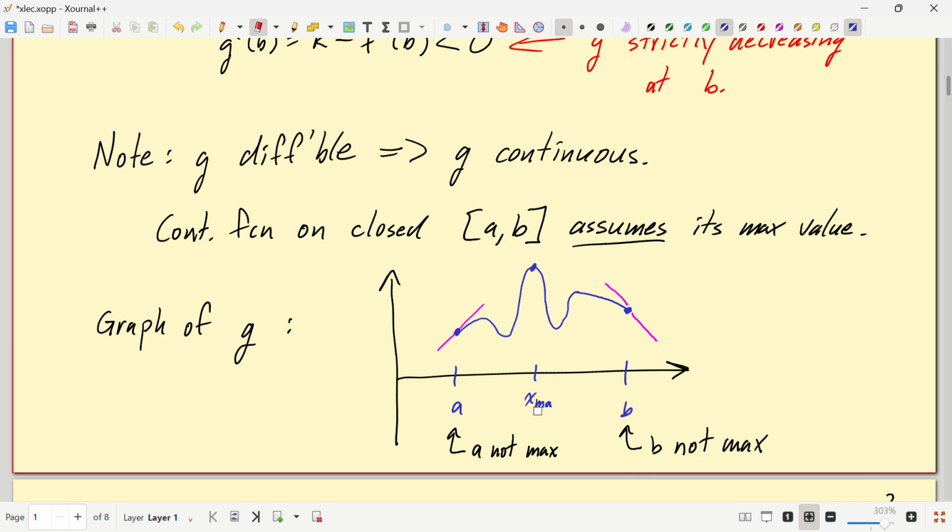Let's call it C. And we know that the max happens at maybe multiple C's. There could be multiple humps there, at a C that's between A and B, with A less than C less than B. And we know that if a differentiable function has a local max, the derivative has to be 0 there.